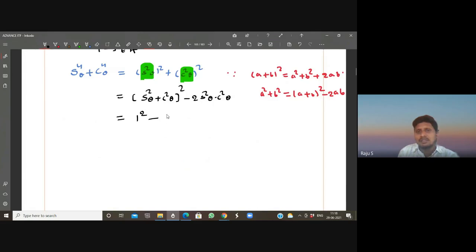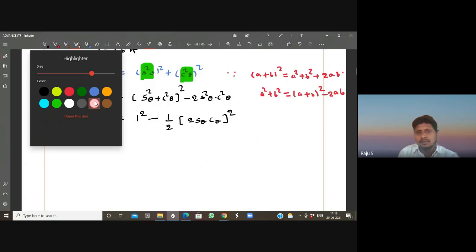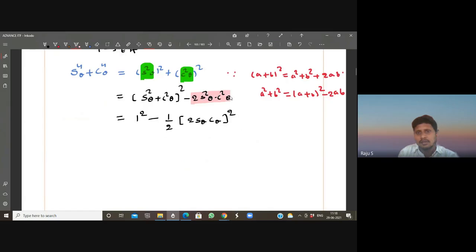Now shall I write 1 by 2 times of this value, so 2 sin theta cos theta the whole square? Here 2 square is 4, 4 by 2 again we get 2.